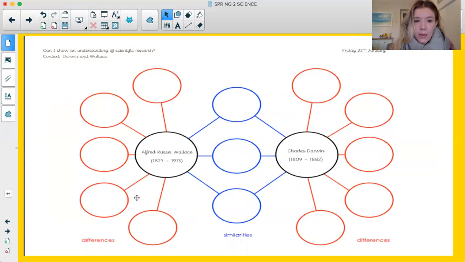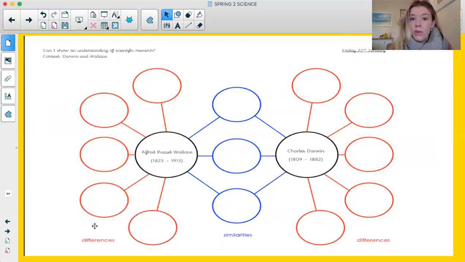So here we've got Alfred Russel Wallace. You will write about him in this section and Charles Darwin in this section. In the centre, in the blue, you will write what they both have in common. And on the outside red bubbles, you will write about all the differences between them.